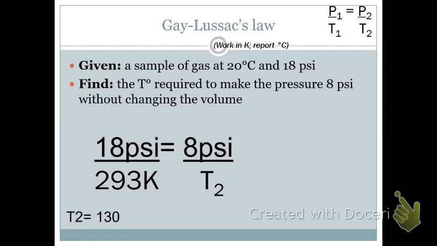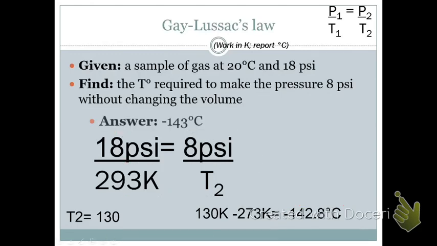But this is, remember, in K. So I'm going to have to subtract 273 in order to get my degrees Celsius. So go ahead and do that subtraction. And once you do that, your answer should be a negative 142.8 degrees Celsius, which of course will round to a negative 143 degrees Celsius.